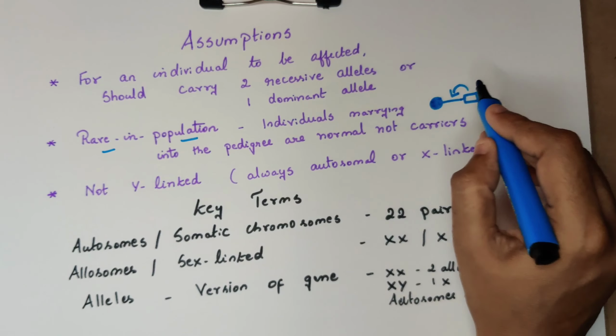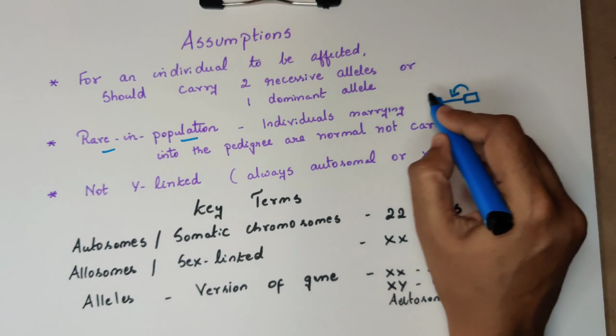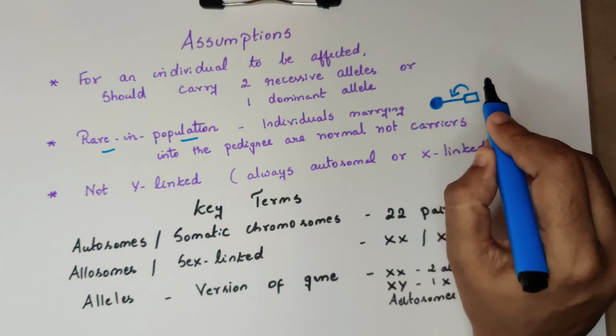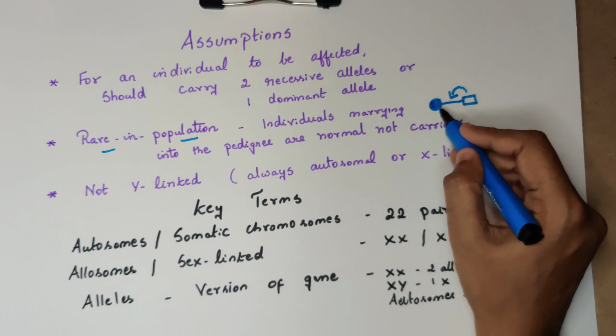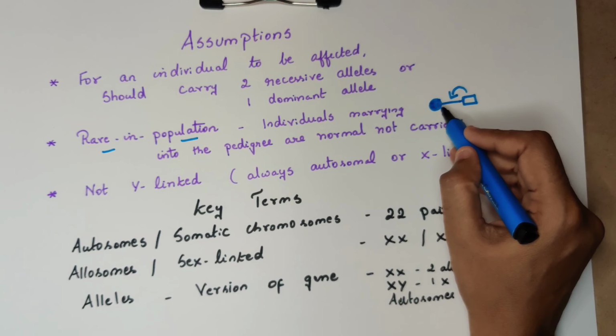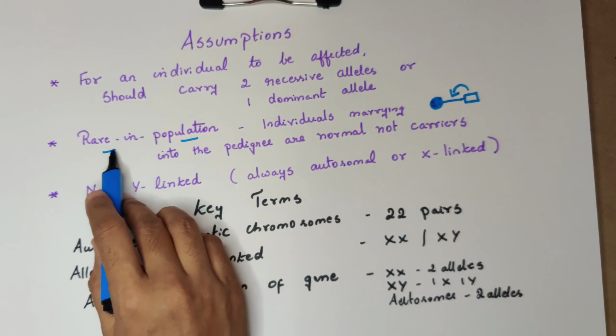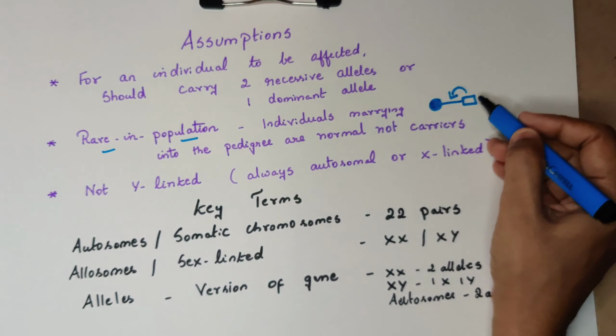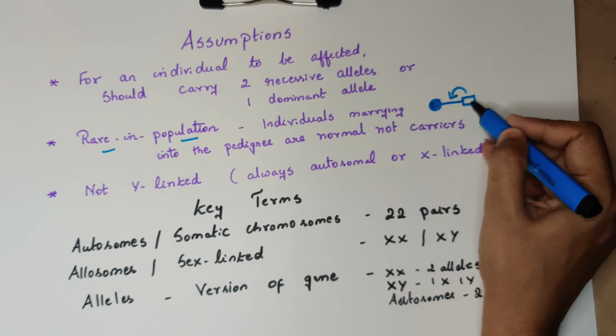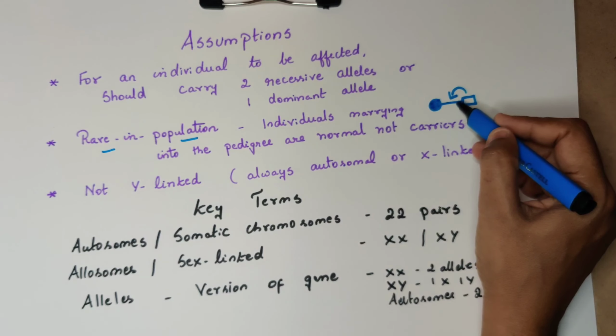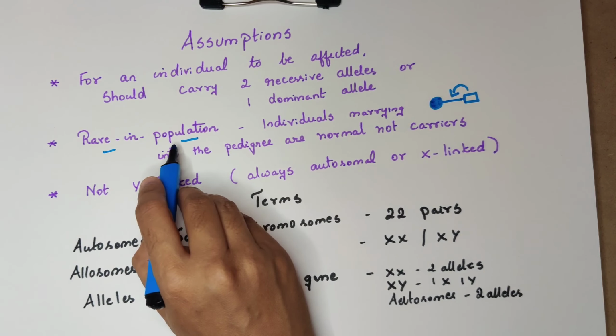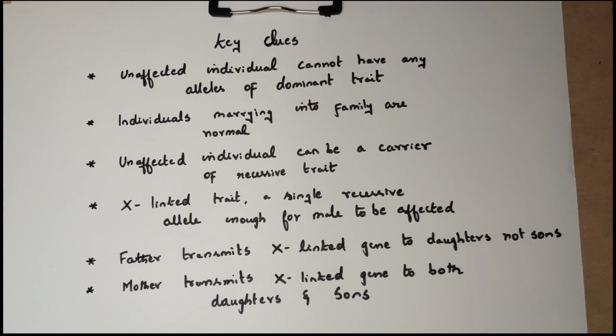Otherwise, you assume that the person who is getting into the family is normal and the female here is affected. That means rare in population. That means a person, for example, this male being a carrier or affected gets into the family is a very rare phenomenon. So these are the key clues that can come in handy when you are solving your pedigree.